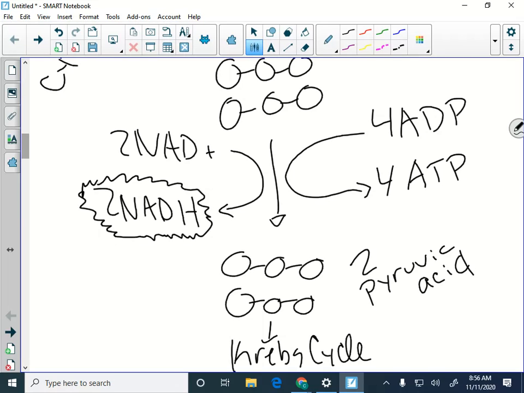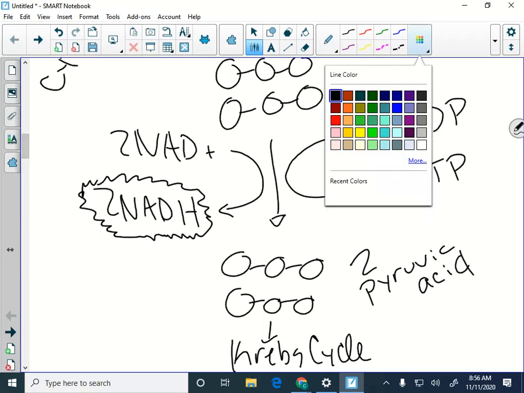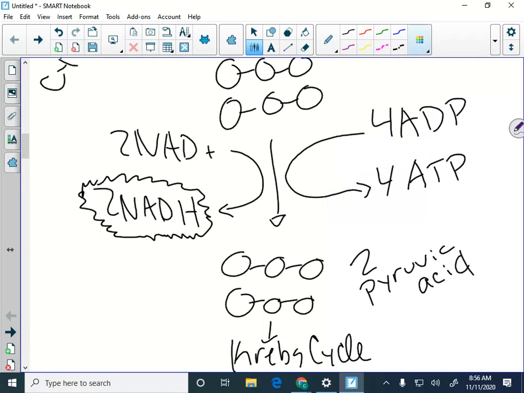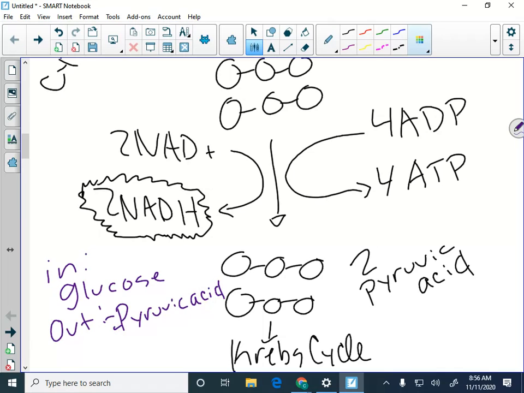So our entire process of glycolysis, the first step of cell respiration, we put in 1 molecule of glucose, and we're getting out 2 ATP, 2 NADH, and 2 pyruvic acid. Two pyruvic acid, 2 ATP, and 2 NADH.